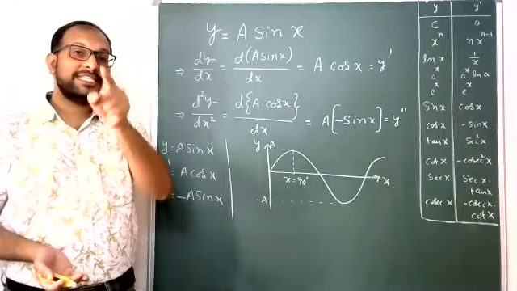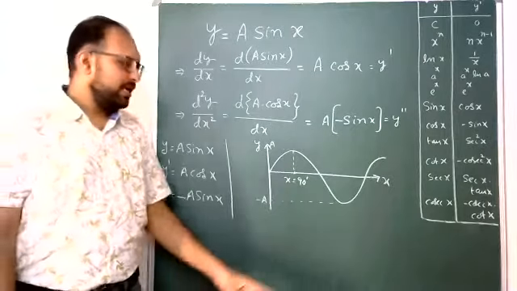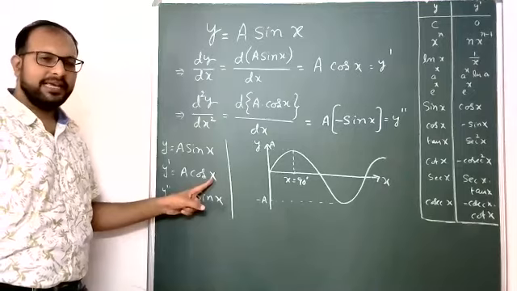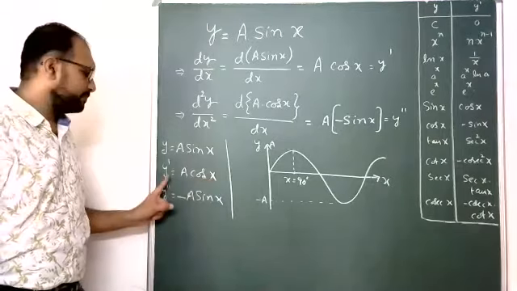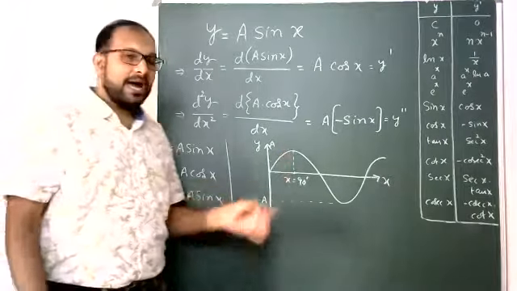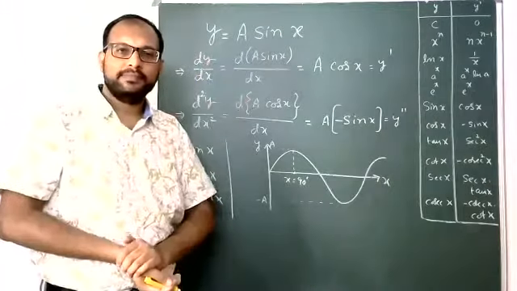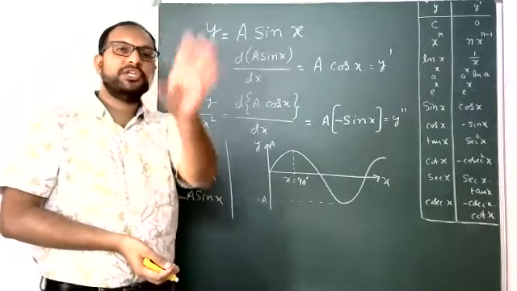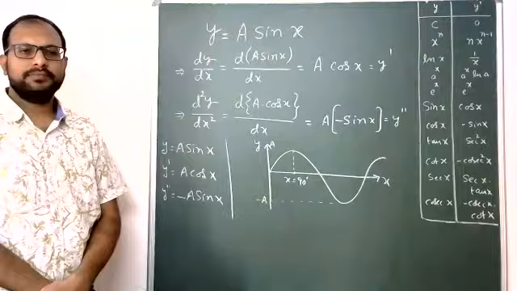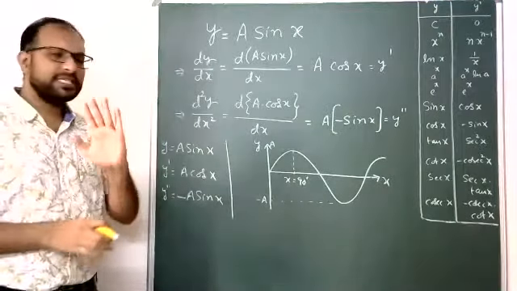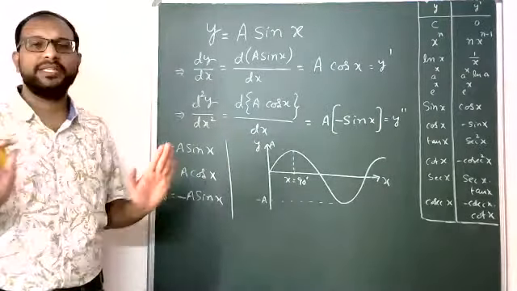Slope of a function is the first derivative. So x equal to 90, substitute in cos 90, which is 0. Means at the maximum value of a function, the first derivative is 0. Any function, not only sin x; I am just explaining with the help of an example.